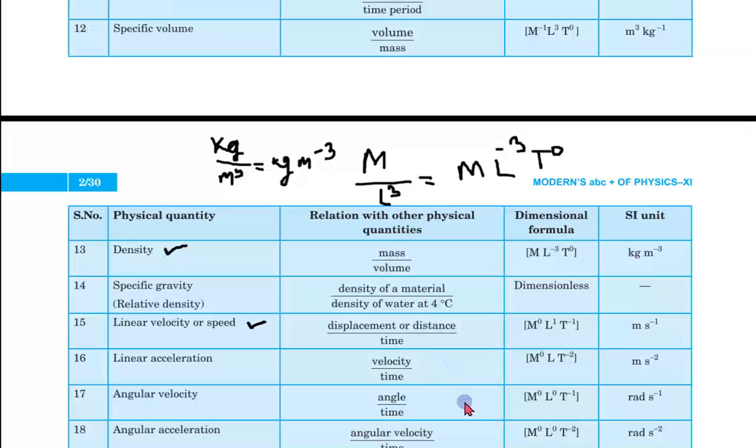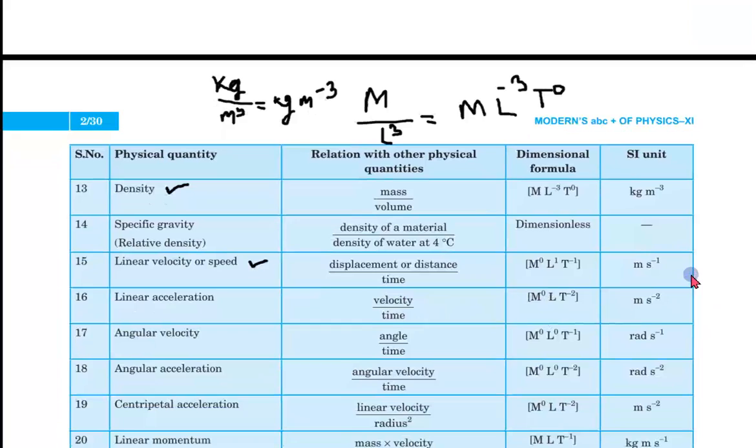And the velocity formula is distance by time, so acceleration is distance by time square. That means meter per second square. Meter is length, so L T minus 2. I can neglect M because it is 0 and does not involve acceleration.